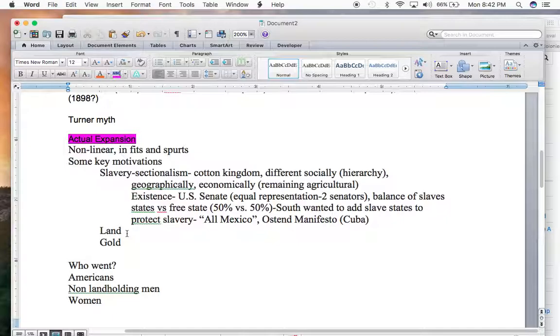The second motivation, because that's what we're on here, of why people went west, was for land. New England was filling up. You could have a farm of 140 acres, let's say, but these families were having 10 kids. And so very quickly, these farms were getting way too small for inheritance.